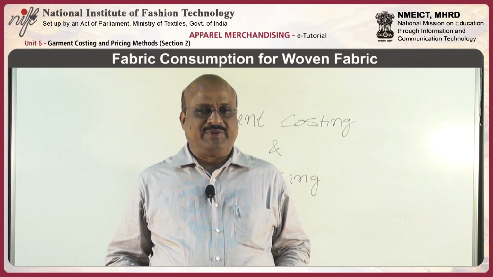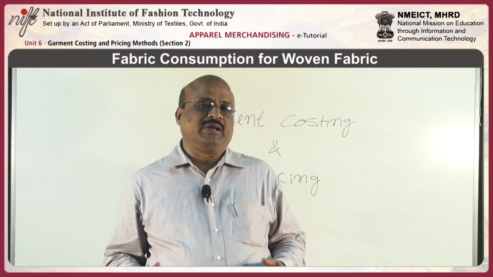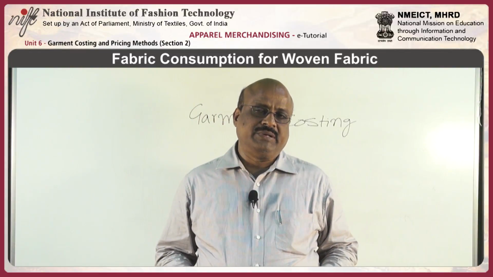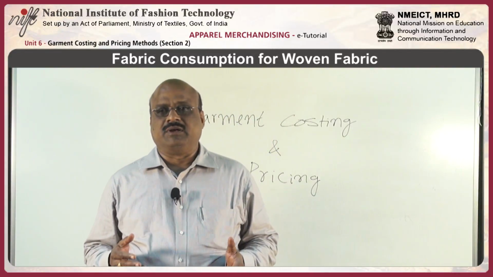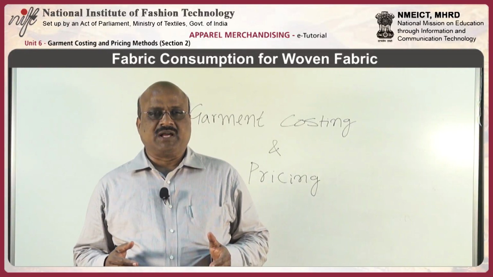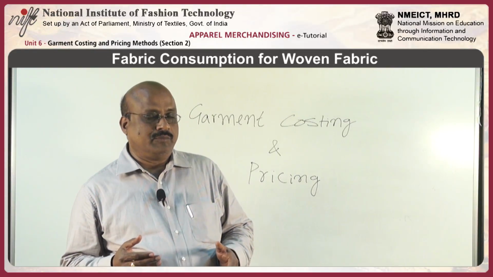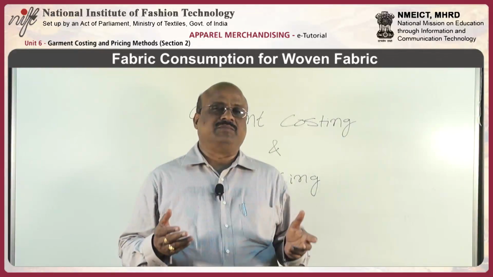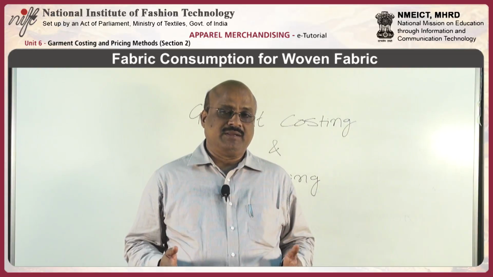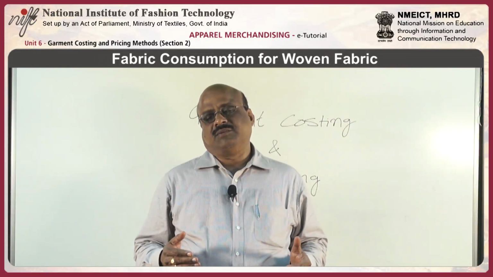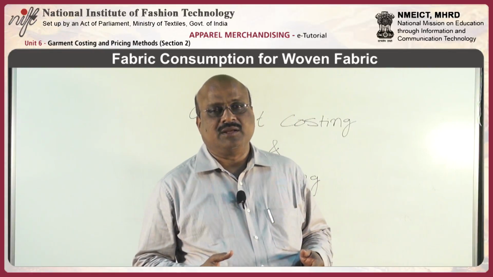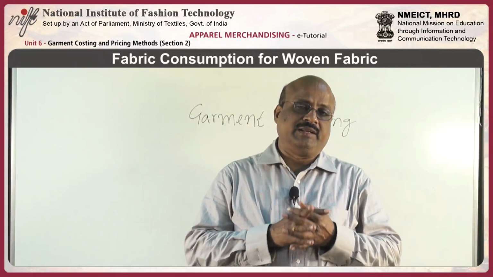Depending on the type of garment that is going to be manufactured, the cuttable width may make a difference. In some widths the fabric consumption can be optimized well; in some widths it is difficult to optimize the fabric consumption. So that is again one criterion.